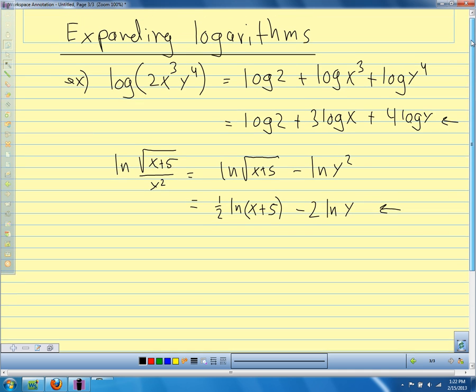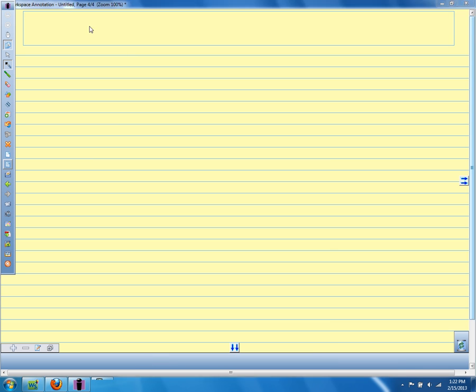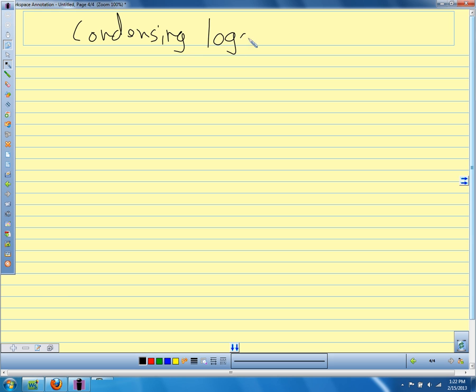The last thing we're going to talk about today, condensing logarithms. So we're just going to go in the opposite direction. So everybody good with what we've done here? All right, condensing logarithms. So we're just using the rules to go the opposite direction now.